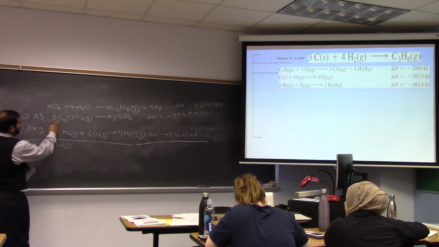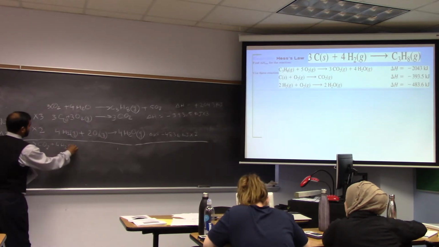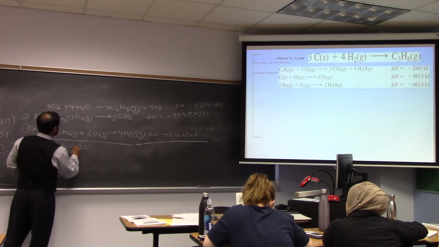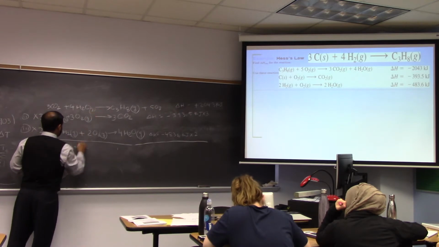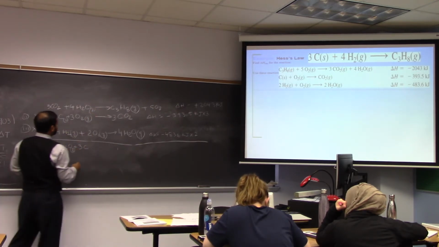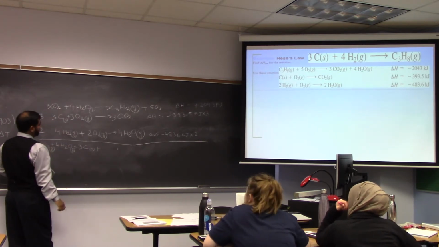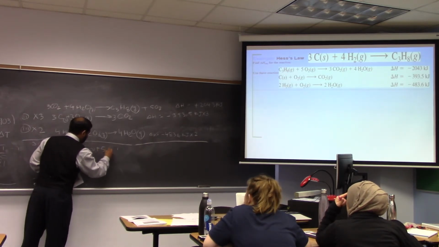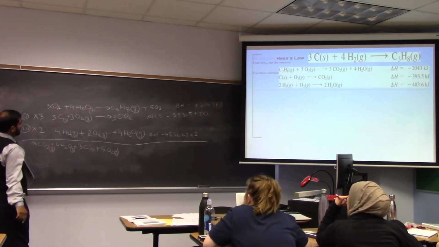You have 3 carbon, and so plus 3 carbon, solid, plus oxygen. Look at that, you have 5 oxygen. So total 3 plus 2, you're adding up 5 oxygen, also gas. Then what? You have hydrogen. How many hydrogen you have? You have 4 hydrogen.